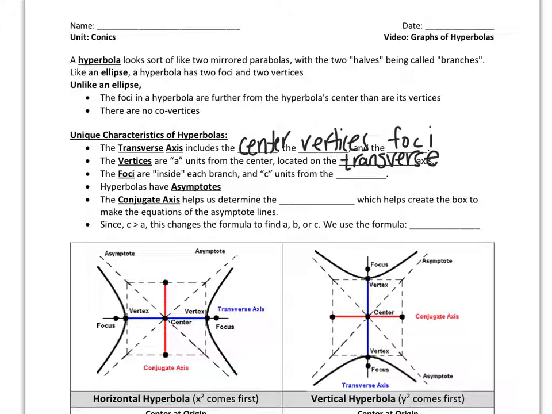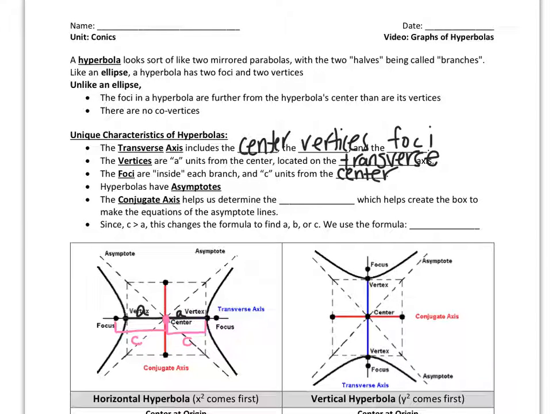If you want to label it, the distance from here to here is A, and the distance from here to here is A. Now the foci are inside each of these branches, and they're still C units from the center. So again, if you would like to label it, from the center to the foci is C, center to the foci is still C.